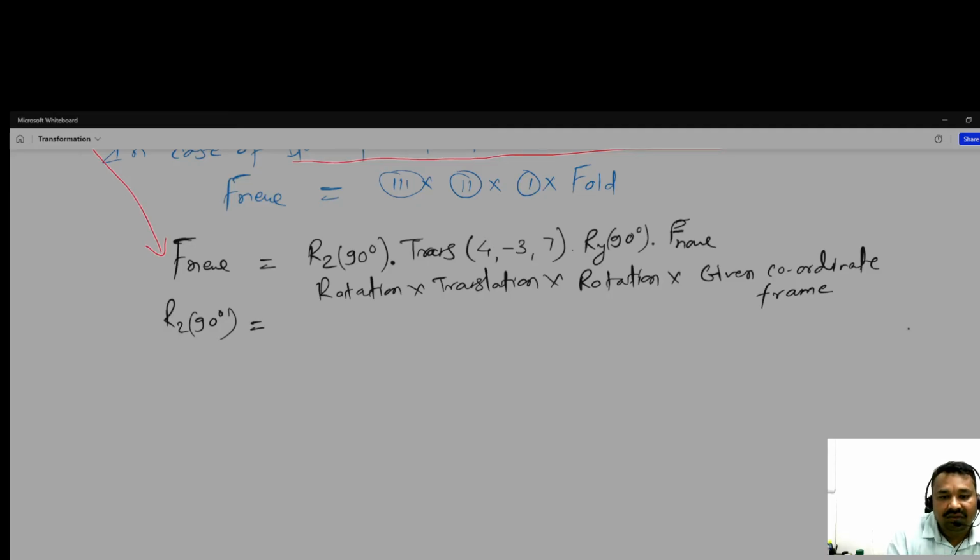And what about the size of the matrices? The rotation matrix can be written in 3 by 3 form, the translation matrix is 4 by 4, the rotation again 3 by 3, and the given coordinate is 3 by 1.